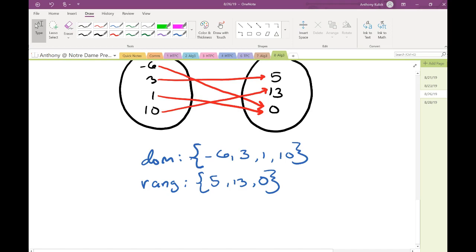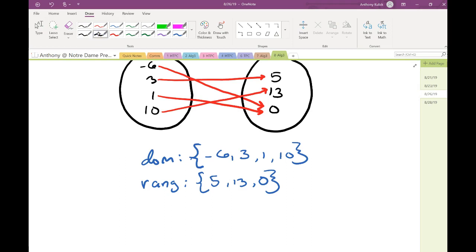So even though 0 was used twice in the relation, I only listed it once when I wrote the range. Whenever you're writing a domain and range, you're never going to list a repeated element multiple times. So even though 0 is used more than once, we only will list it once.